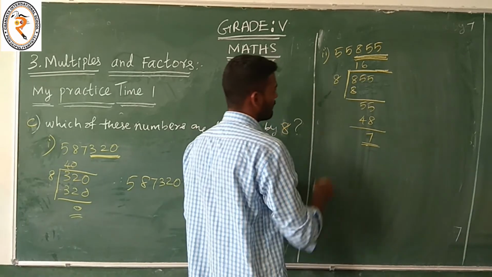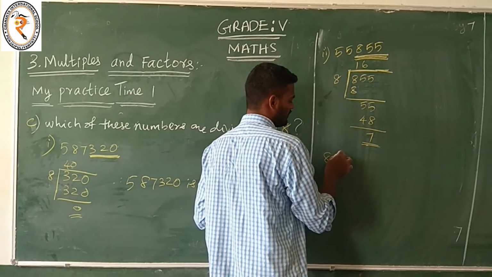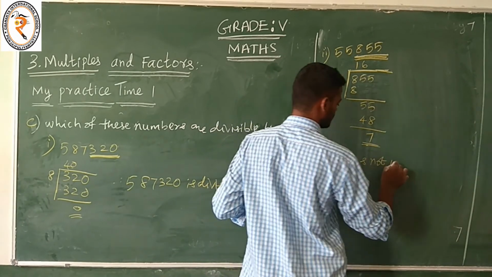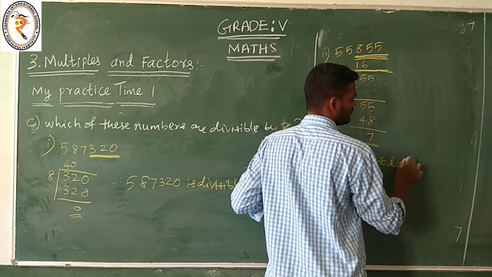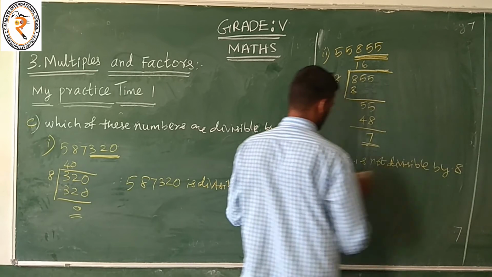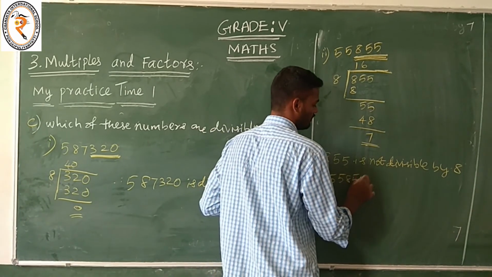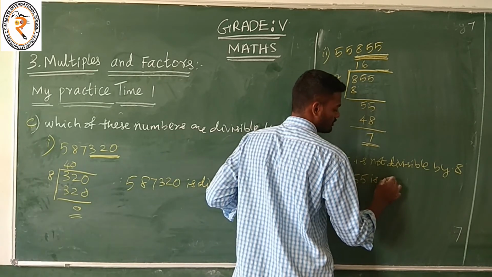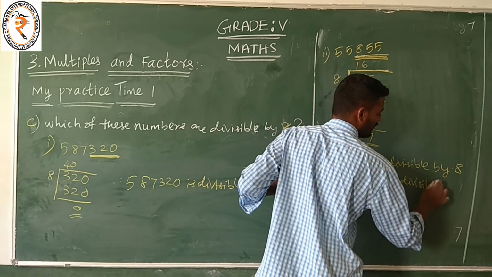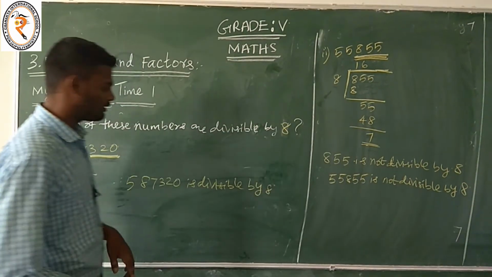Therefore the last 3 digits of 55,855 are not divisible by 8. Therefore our number 55,855 is also not divisible by 8.